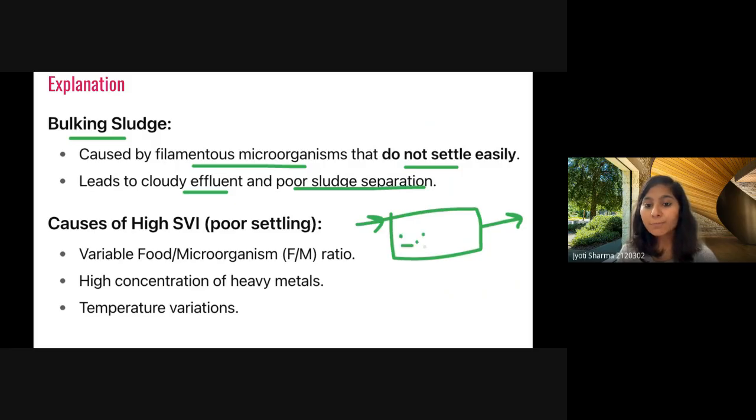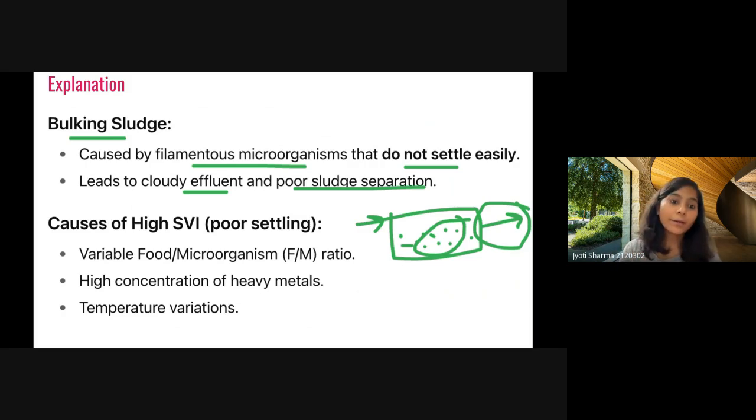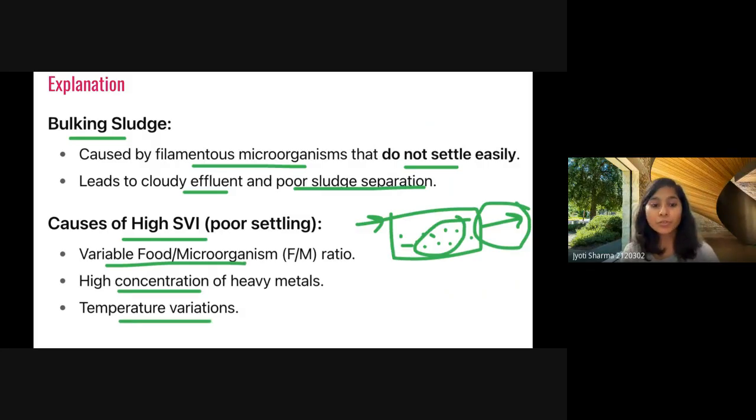Because we have suspended microorganisms, if we are not able to separate this water from your microorganisms, then this is the bulking sludge. We are not able to do the separation, and this will be very difficult for us to extract the clean water, right? So the causes of high SVI may be variable food and microorganism ratio, high concentration of heavy metals, and it may be due to the temperature.